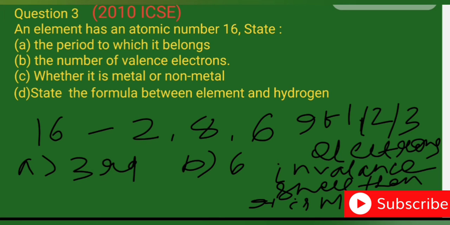And if it is more than that, it is non-metal. So outermost electron is 6, so it belongs to a non-metal.